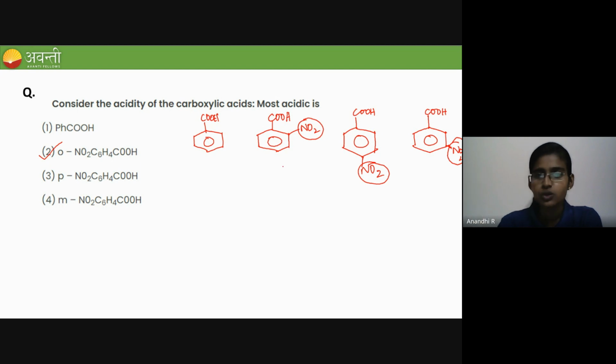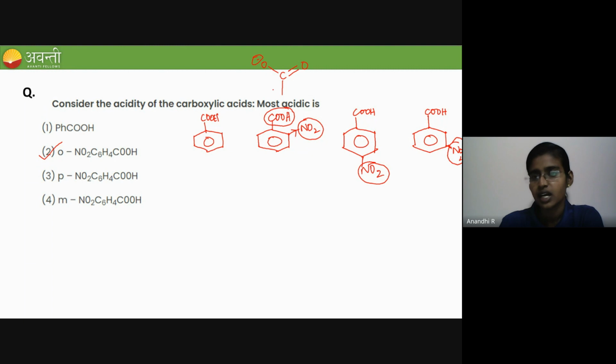So, if an electron withdrawing group is attached to the adjacent position to this carboxylic acid, already this carboxylic acid is acidic. No? Why is it acidic? Because on losing its H plus, it forms a more stable carboxylate ion.